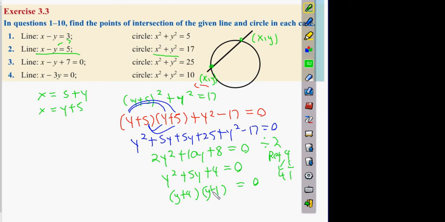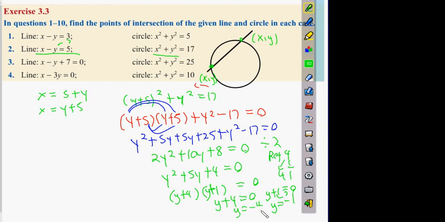Oh, plus 1, you're right. Plus 1, yeah. After that? Y plus 1 equals 0. Y plus 4 equals 0. And then y equals? Minus 4 and minus 1, yeah.